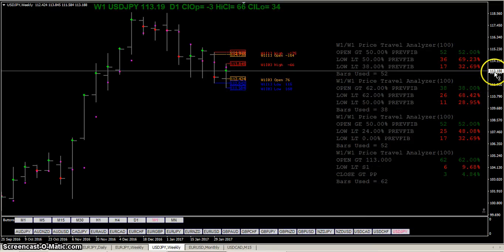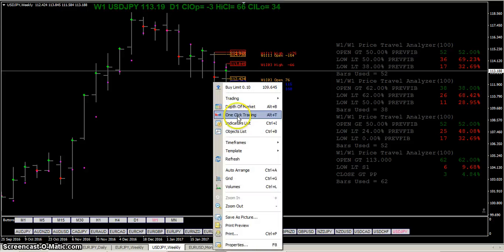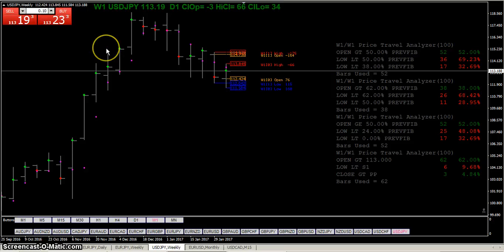Okay, so out of the last 100 bars, we had 62 times that it opened above 113. And I just left these other two here. Whoops, we don't want that.